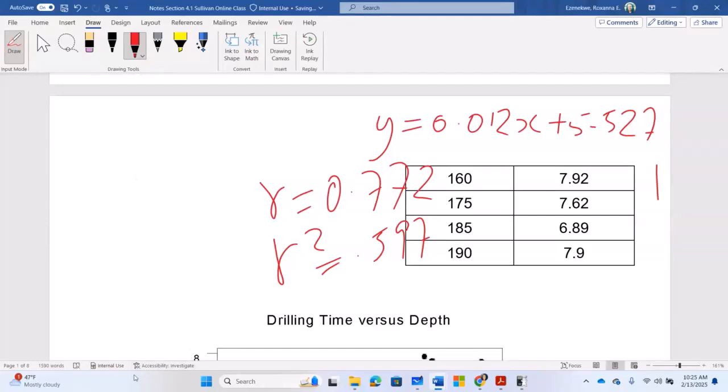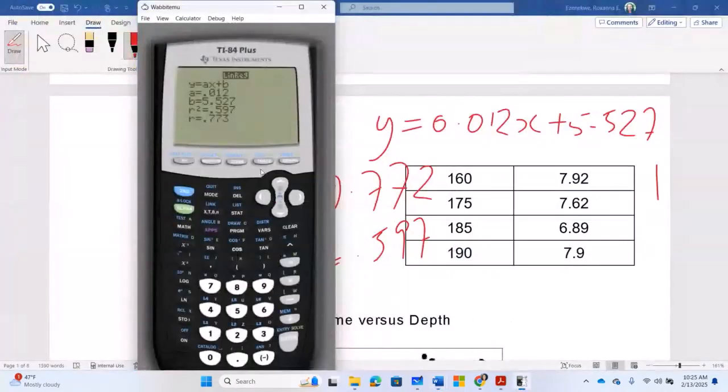Let me go back to my equation. I'll go back to y1. I want you to see that this is what I had. If I go to y equals, it gives me the same equation because I told my calculator to store the equation in y1. That's why it is there. Okay, so I have found the regression equation they asked me to find, and I see that the slope is positive.